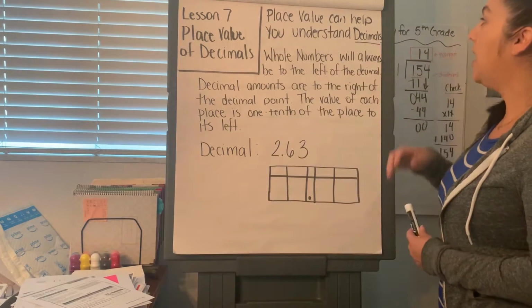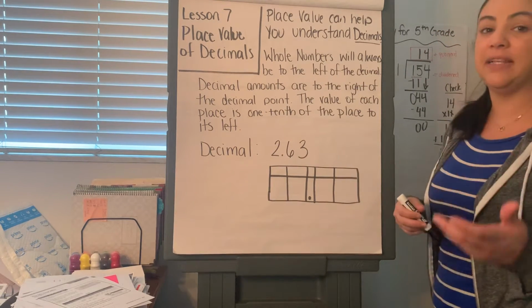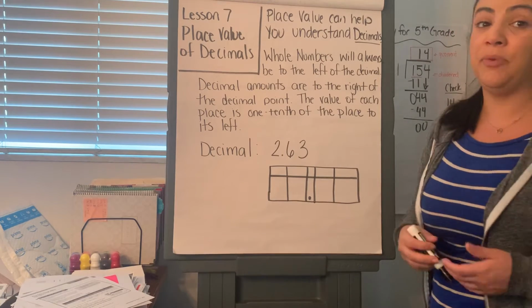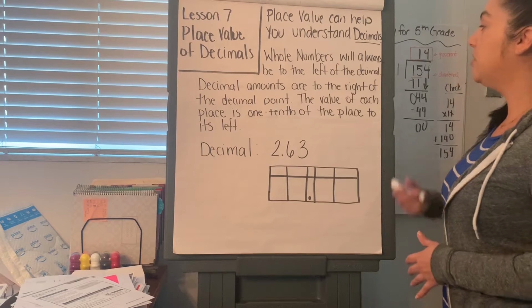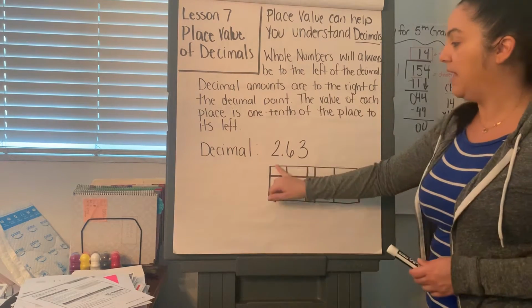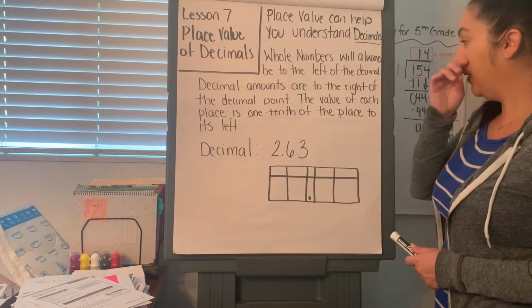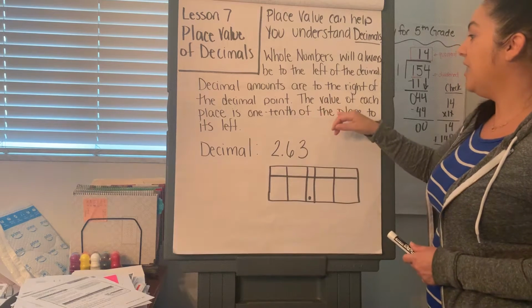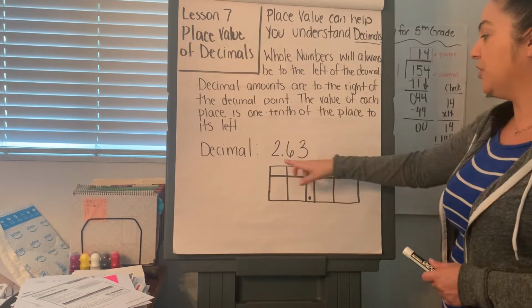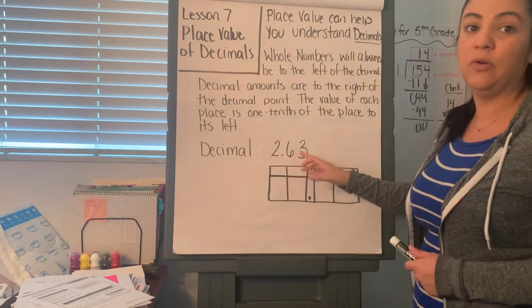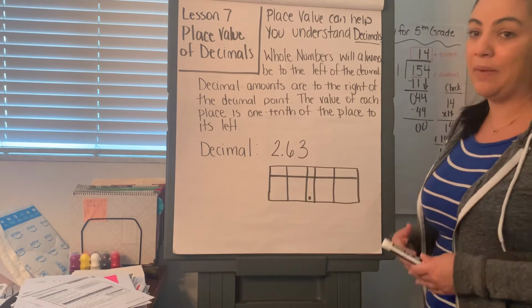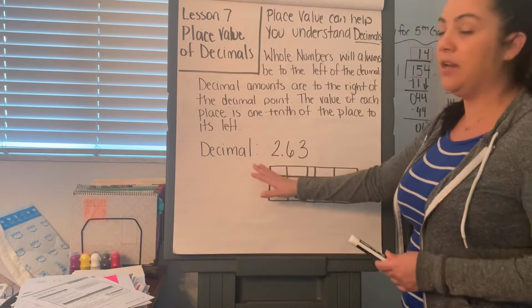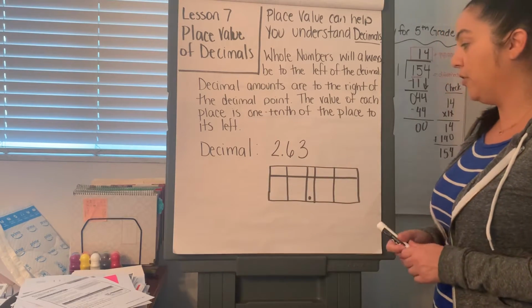So place value can help you understand decimals, just like it can help you understand whole numbers. Whole numbers will always be to the left of the decimal point, and the value of each place to the right is your decimal values. So in place value, we remember that in front of the decimal, which is to the left, you have your whole numbers.